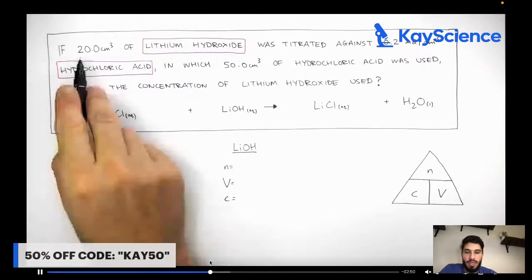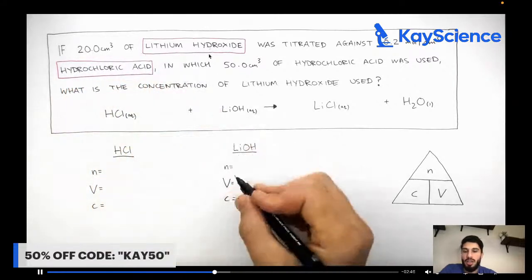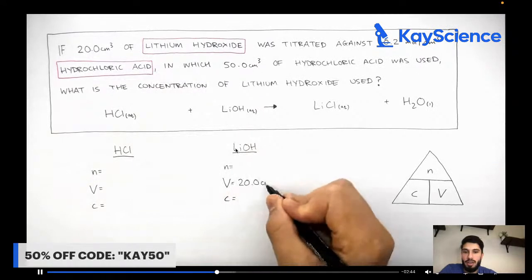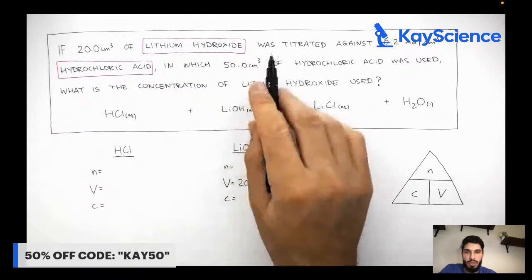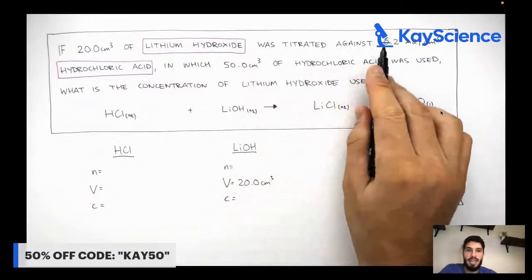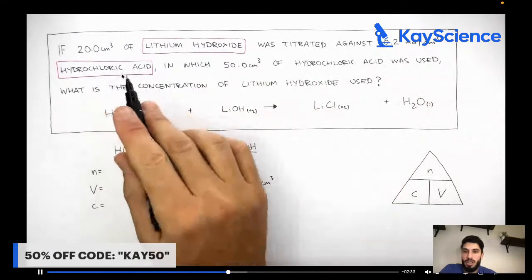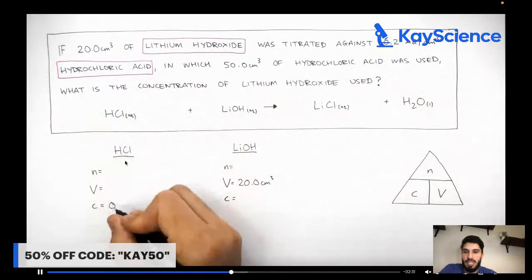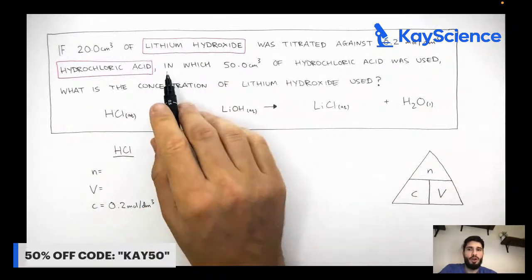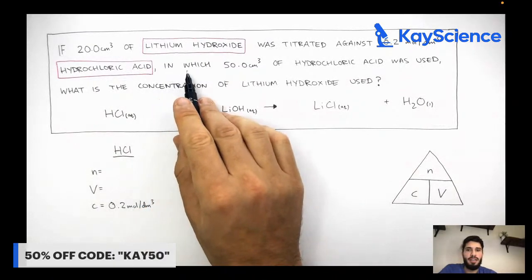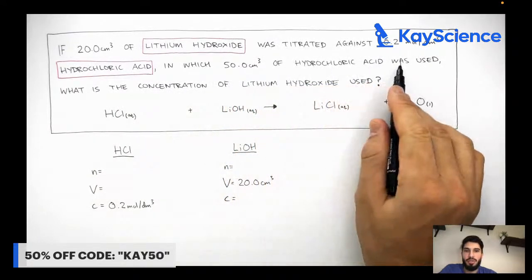Okay, so we can see that we've got 20 cubic centimeters of lithium hydroxide. So we write 20 centimeters cubed. Simple as that. Next thing, what's the next part of the question? Titrated against 0.2 moles per decimeter cubed of hydrochloric acid. So we write the concentration is 0.2 moles per decimeter cubed. And we've been told there are 50 cubic centimeters of hydrochloric acid being used.